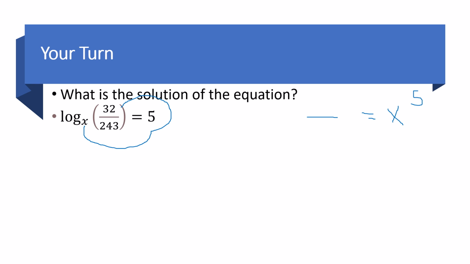So we're going to break apart the numerator. 2 to the 5th power, we just saw that is 32. And what number, is there a number raised to the 5th power? Get your calculators out and take the 5th root of 243 and you'll get 3. So this is 2/3.